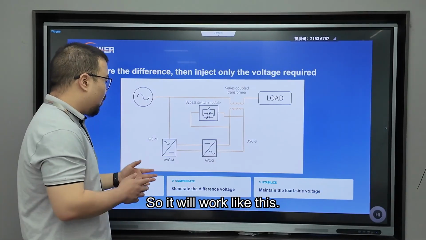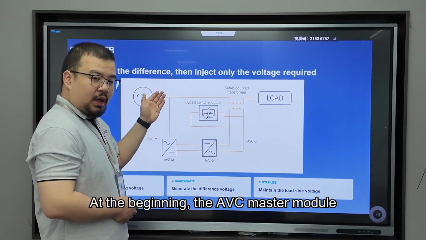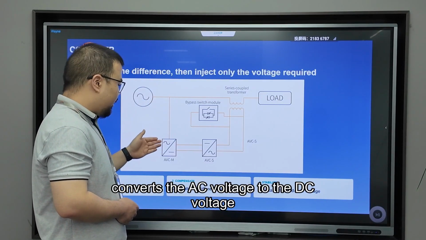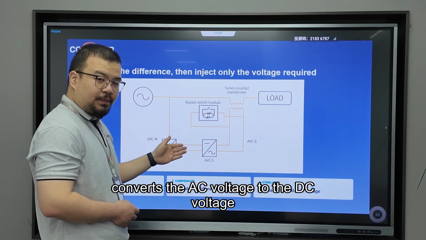So it works like this. At the beginning, the AVC master module converts the AC voltage to DC voltage.